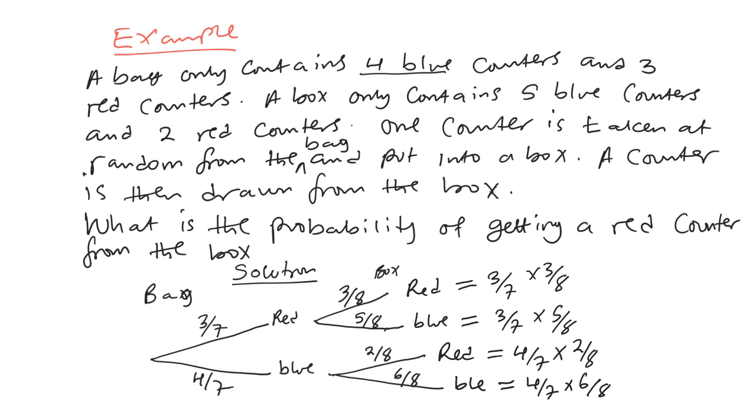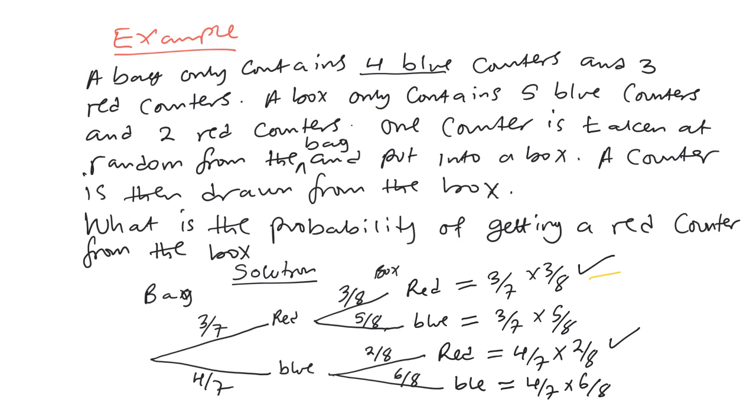Now, what are the events of interest? The events of interest are the ones leading us to red. We need this and also need this. So the probability of red will be this product plus the product here.